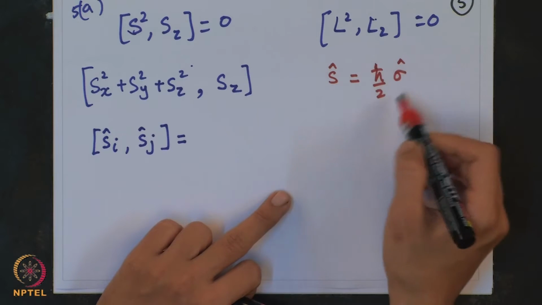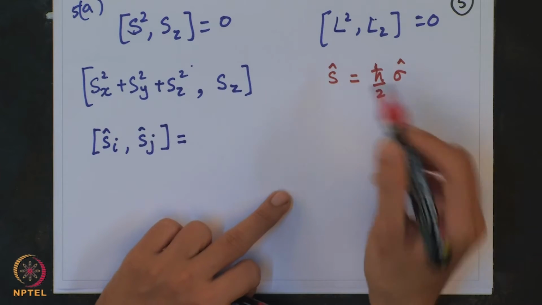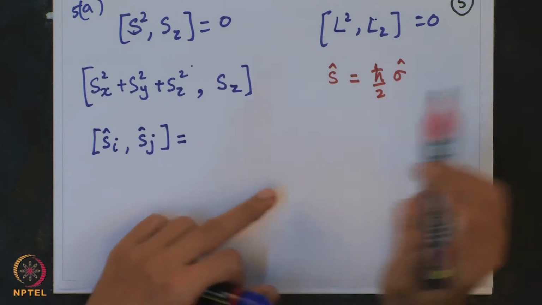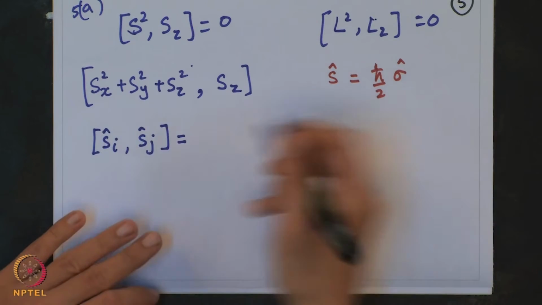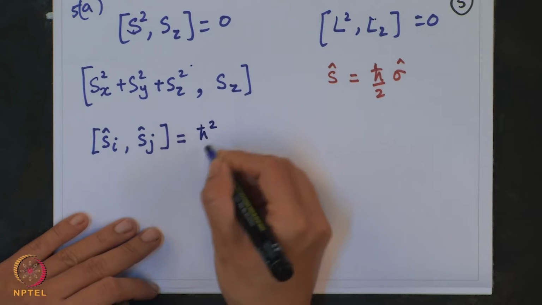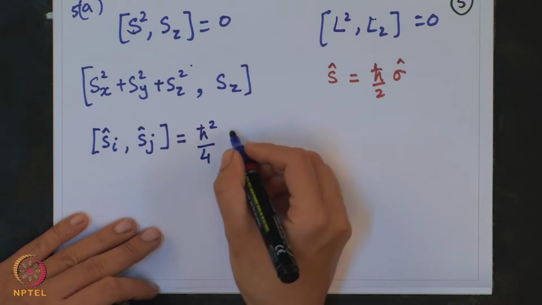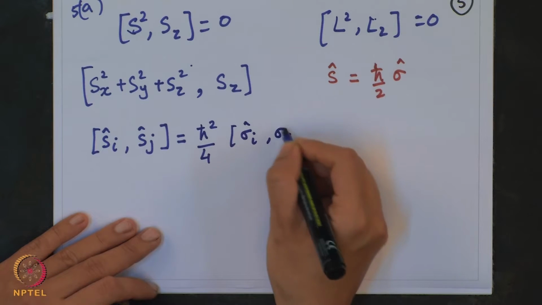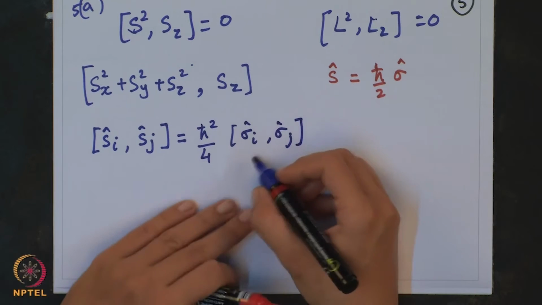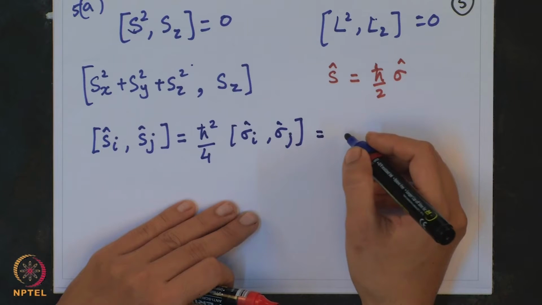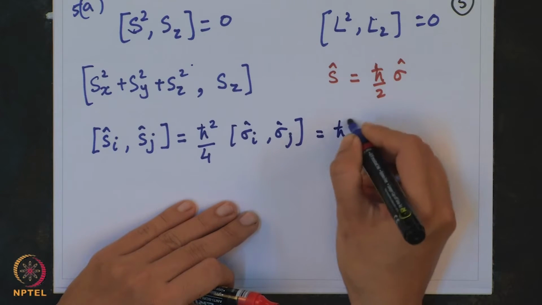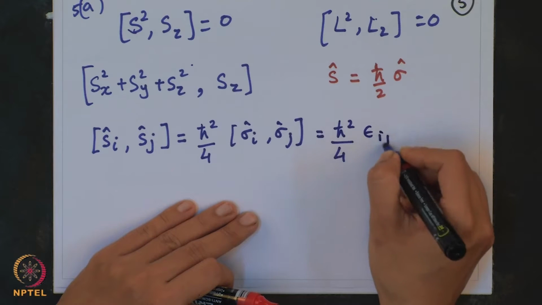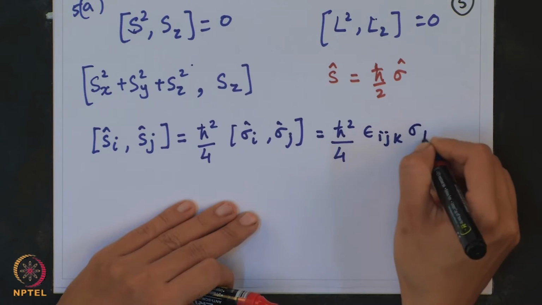In terms of Pauli matrices, you know the commutator of sigma i, sigma j, which we discussed last time. So, this will be h cross square by 4 times the commutator of sigma i, sigma j, and if I write it in terms of epsilon i j k sigma k.